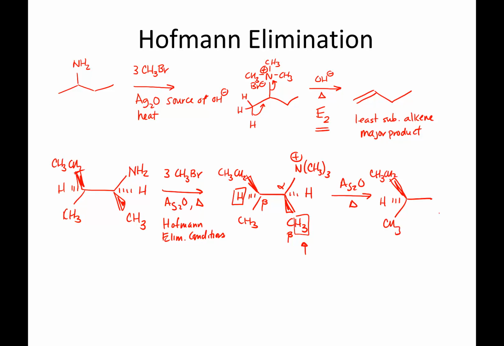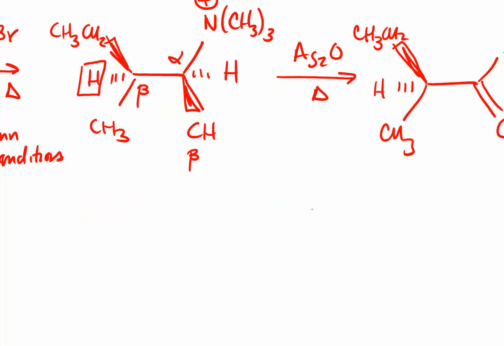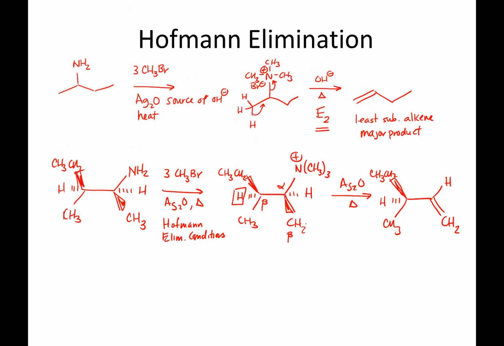The double bond is going to form to the CH3 group. Okay, so if I'm writing this out as the mechanism, let me just change this and write this. Let's shrink it down.